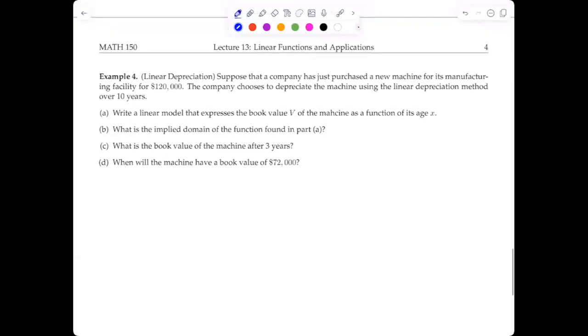All right. So part A contains a lot of steps to get to the answer. To get a linear model, you need to have a slope. Right? To calculate the slope, you need 2 data points. And can we collect those data points from the problem? Okay.